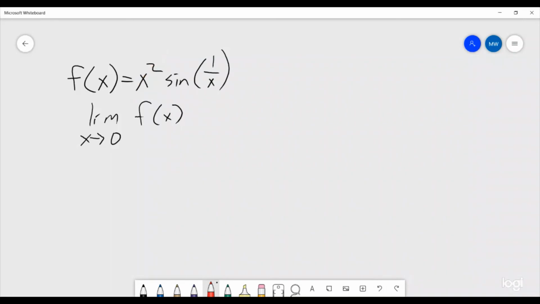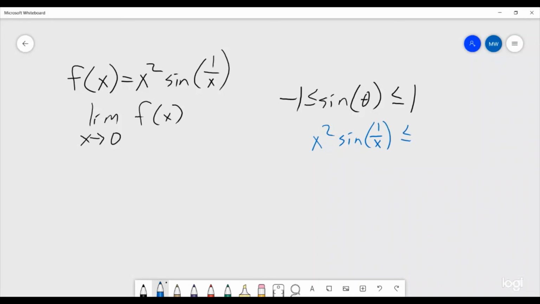However, that x squared term gives us a way that we can use the squeeze theorem to solve this. So because sine of theta is always between 1 and negative 1, we can say that x squared sine of 1 over x is always less than or equal to x squared, and is always greater than or equal to negative x squared.